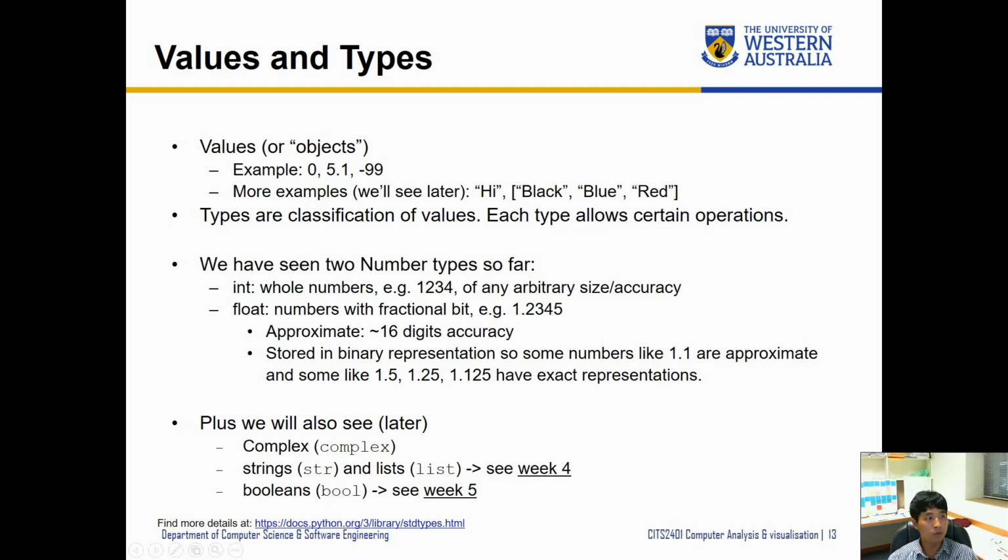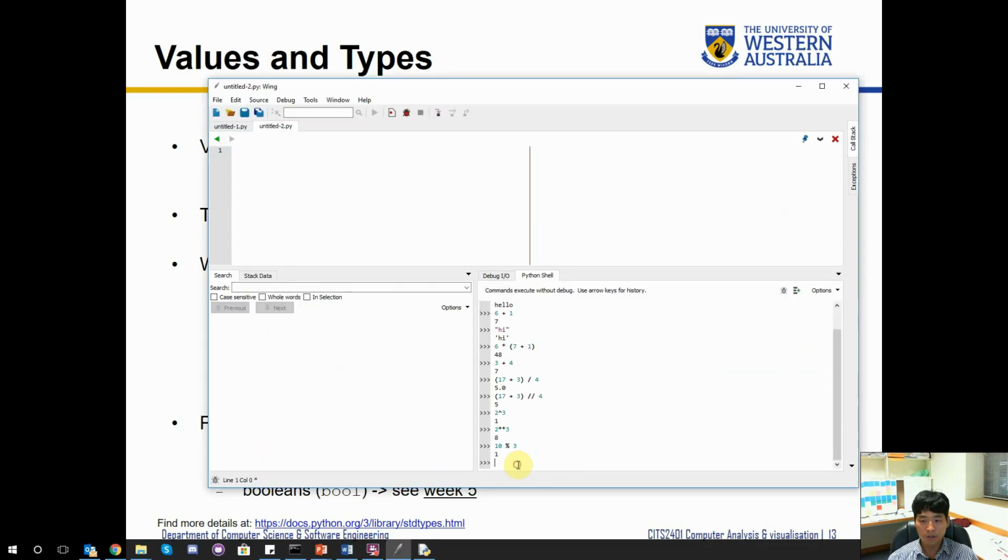Okay, so let's try here, 1.1 minus 1.09. When we type this, we expect it to be 0.01, right?